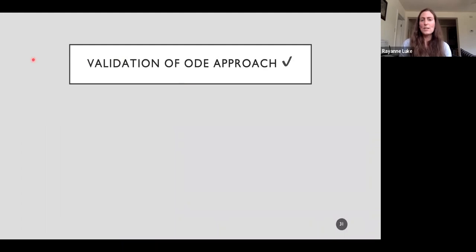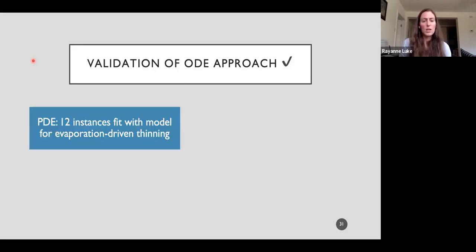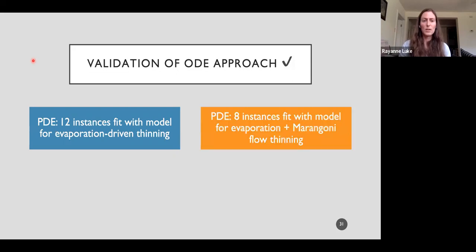Okay, so I did this for all of my PDE fits, and I found good agreement of the ODE results and the PDE results. So I had 12 instances that I fit with a model that was purely evaporation-driven thinning, so the Marangoni effect was not included. These were relatively slow trials in comparison. And I fit 8 instances, for a combined 20 total, with a model with both evaporation and the Marangoni effect.